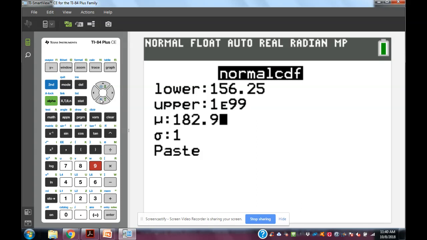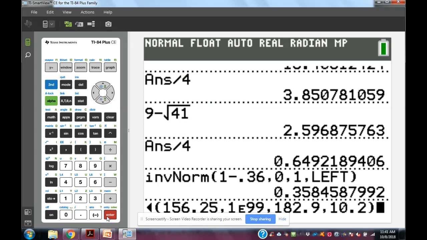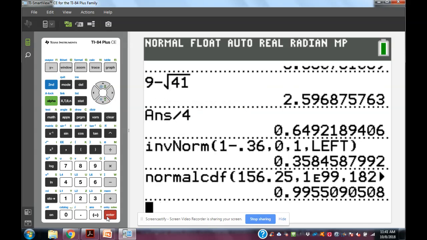Yeah, and our standard deviation, because it's of the sample means, we use that little formula of 40.8 divided by the square root of 16, which got us 10.2. So we're finding that area, 0.9955. Okay.